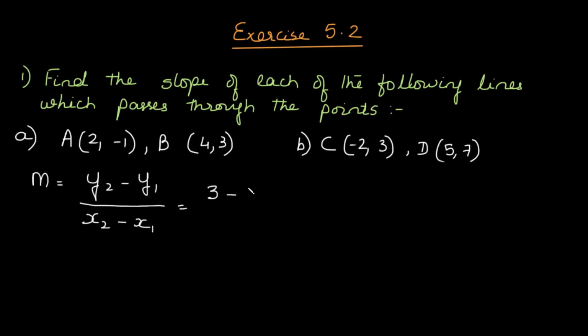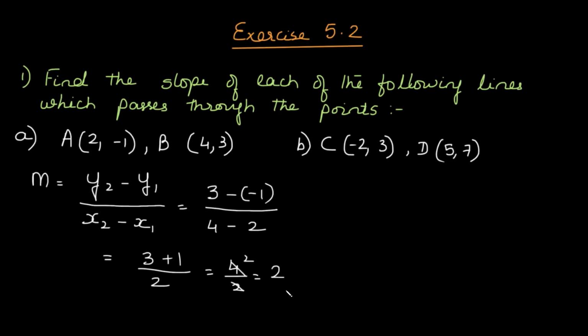So 3 minus minus 1. Take corresponding points only. If you take 3 as y2, then 4 will be x2 in this case. Upon 4 minus 2, which comes out as 3 plus 1 upon 2, which is 4 upon 2, which is 2. So thus, the slope comes out as 2 in this case.